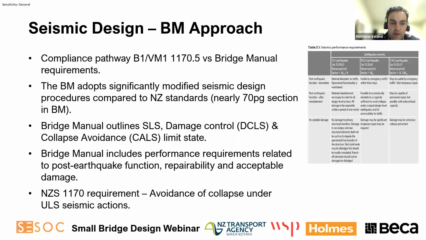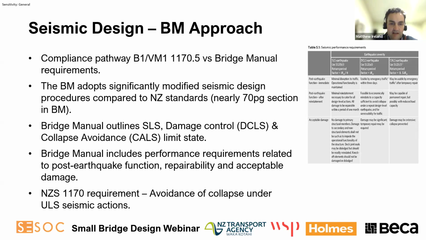And so the bridge manual, a wee bit different from 1170 again, also outlines its own performance or limit states. So we've got an SLS term, which everyone's probably familiar with, but the bridge manual defines a damage control limit state as well, which is essentially equivalent to ULS under 1170 approach, but it includes the additional performance criteria for the post-earthquake function, repairability, and acceptable damage as defined in table 5.1 on the left.